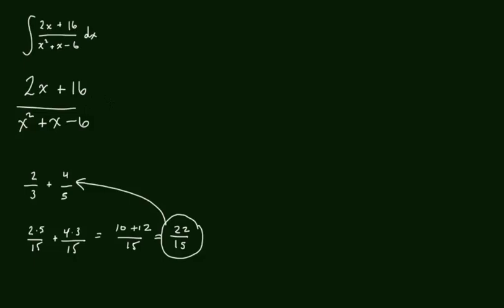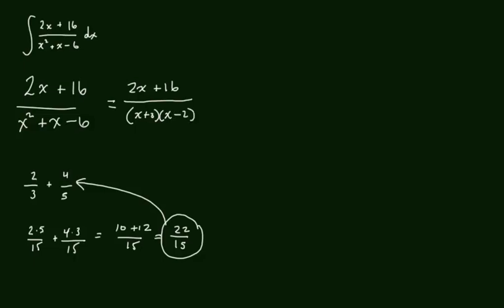Anyway, the first step in decomposition is to factor the denominator. So we have the numerator, and I'm going to factor the denominator to be (x + 3) times the quantity (x - 2).